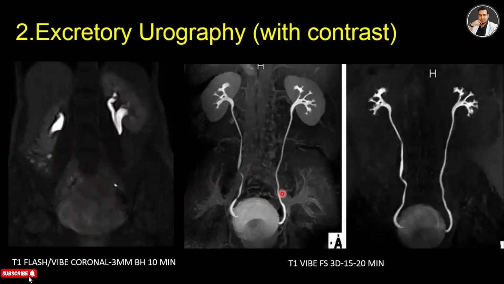And now if you see the 20-minute image, this 20-minute image gives you a proper MR urogram image with the renal cortex, both ureters and the urinary bladder. Maybe these images are from different patients, but you have to take the T1 Vibe protocol multiple times to get this image.